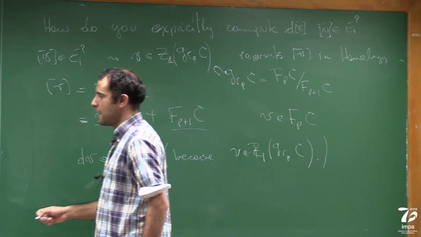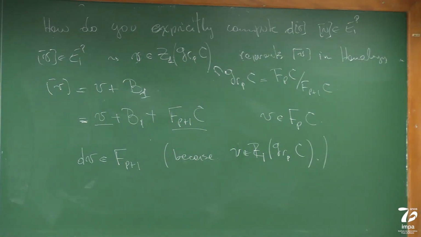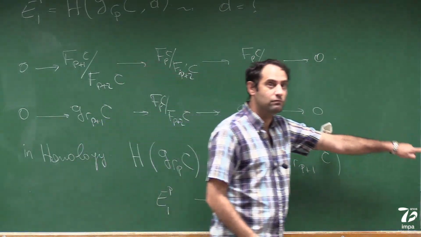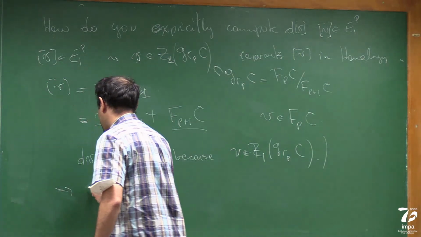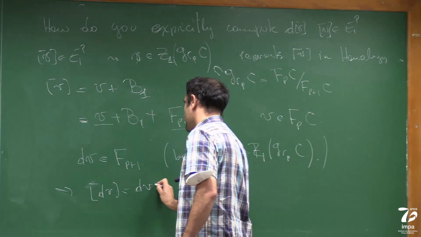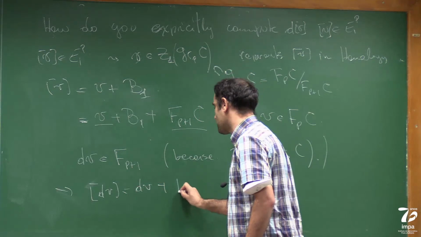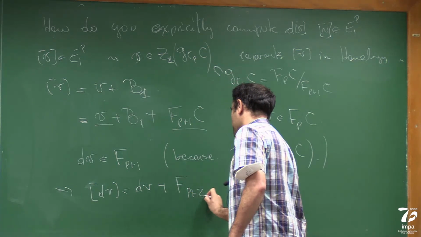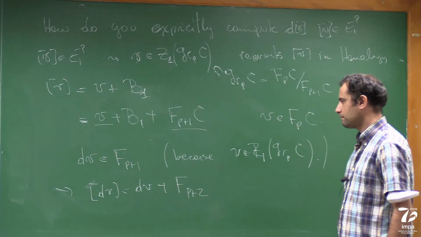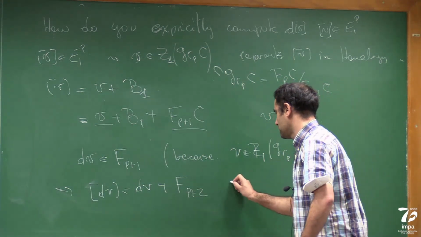Okay, but I'm looking for this connecting homomorphism, and this connecting homomorphism should be something in GrP+1. So I look at the class of dV, which is dV modulo whatever I have in FP+2. And this is the differential.